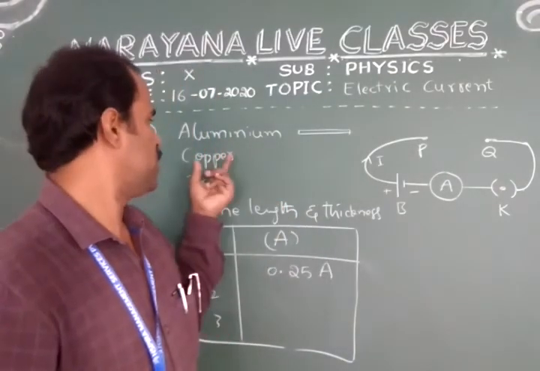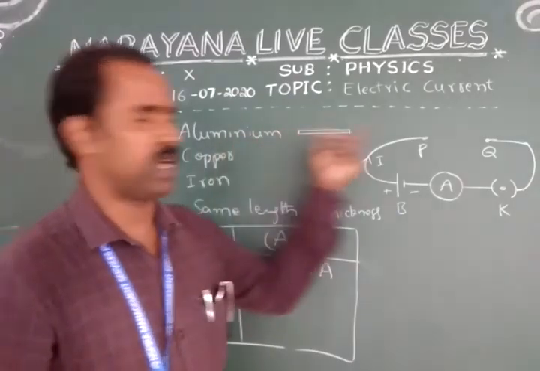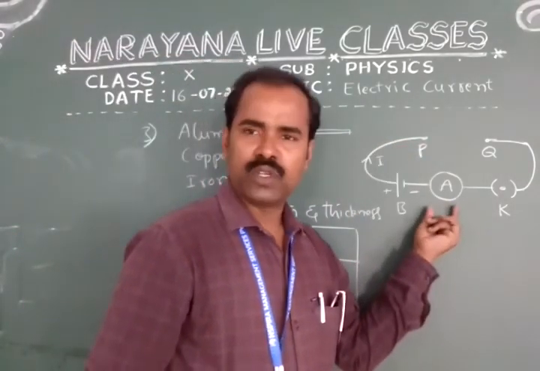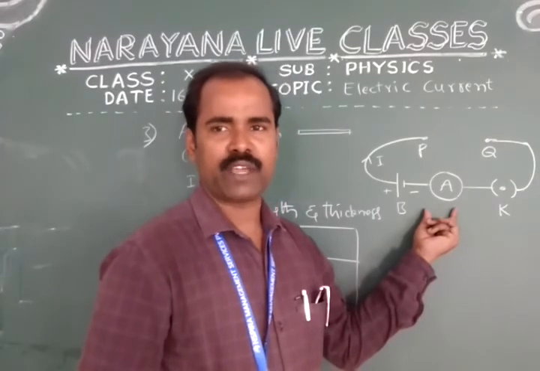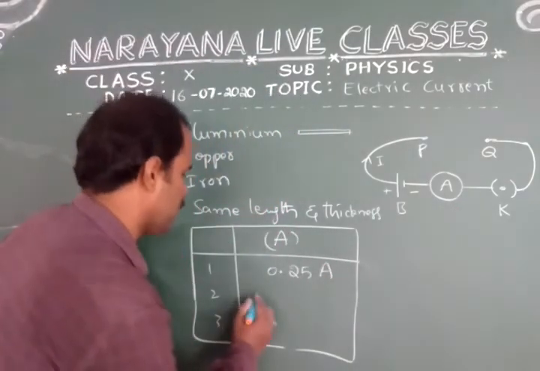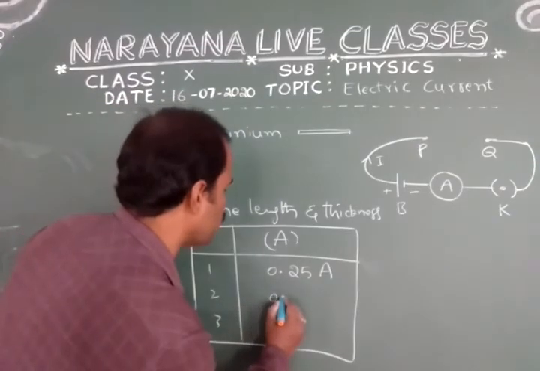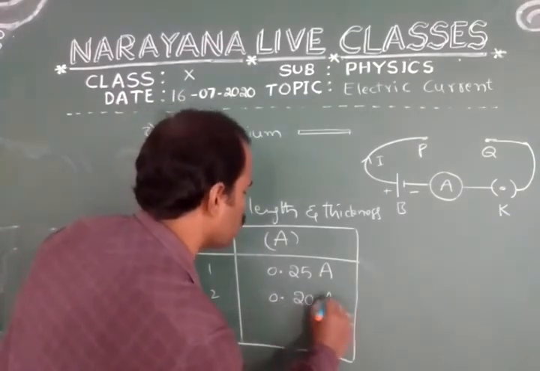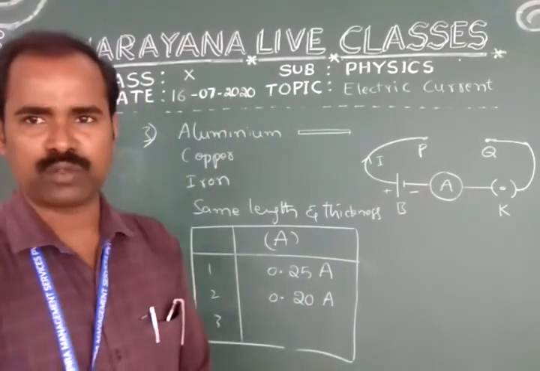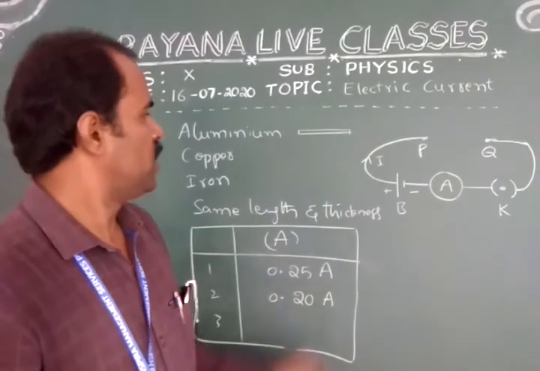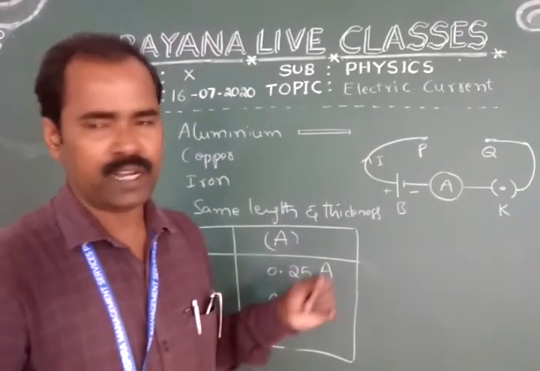In place of that, you place a copper conductor. Again, note down the ammeter reading. What is the reading it shows in the ammeter? That reading, for example, 0.20 ampere. I am giving these values for example. Now remove that copper conductor.